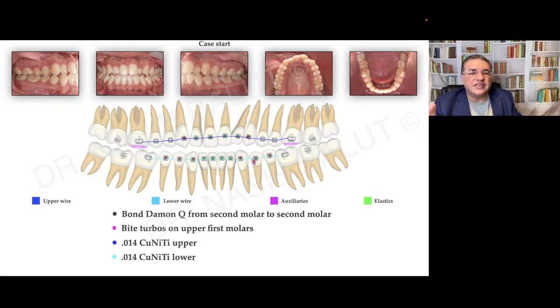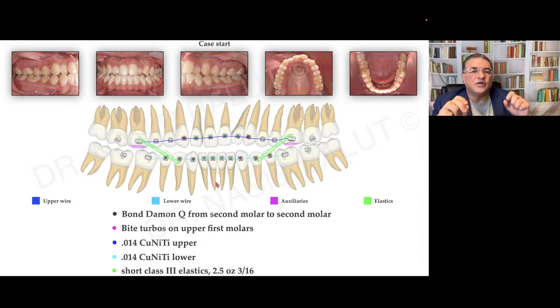And I will leave these arch wires for, as an average, between 3-4 months. If I have a lot of crowding, then I leave them for more time. And I will start using short class 3 elastics, 3/16, from the first bicuspid to the first molar.